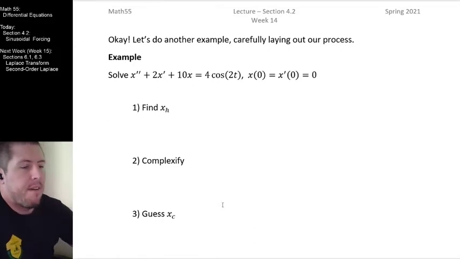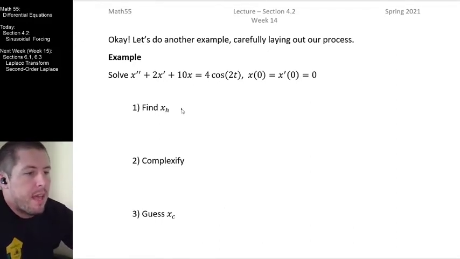Step 1, I've got to find my homogeneous solution. So what that means to me is I only want to look at my homogeneous differential equation here. So that's going to be x double prime plus 2x prime plus 10x just equal to 0. That's going to allow me to write lambda squared plus 2 lambda plus 10 is equal to 0.